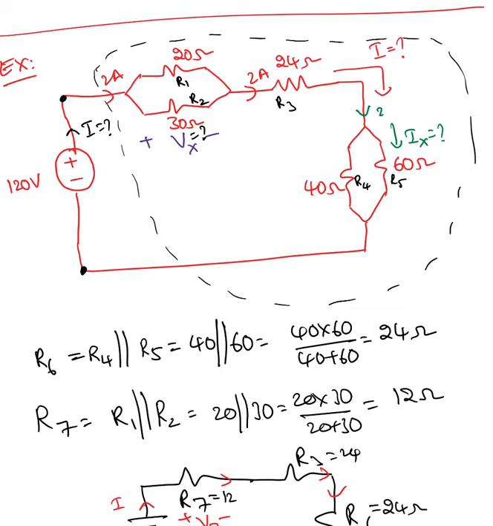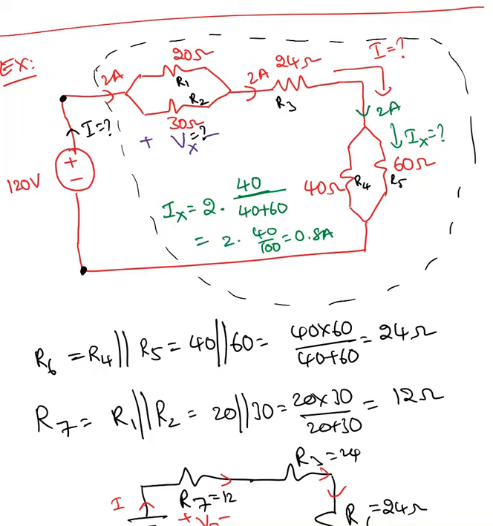So I know 2 ampere current is coming there. So by using the current division rule, Ix equal to total current, which is 2 amperes, multiplied by opposite resistance 40 divided by total resistance 40 plus 60. Okay, so 2 times 40 divided by 100, so 80 over 100, which is 0.8 amperes.